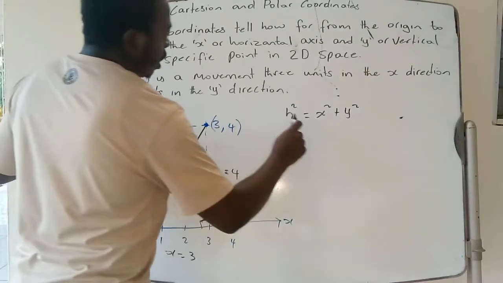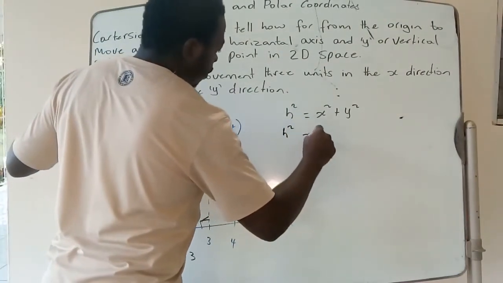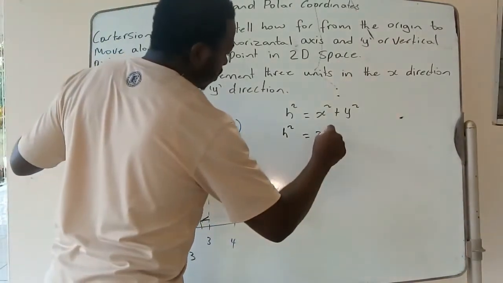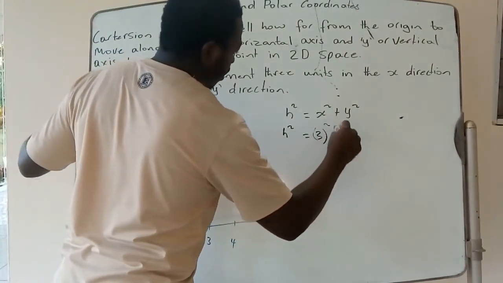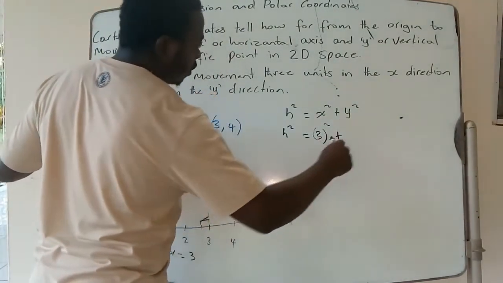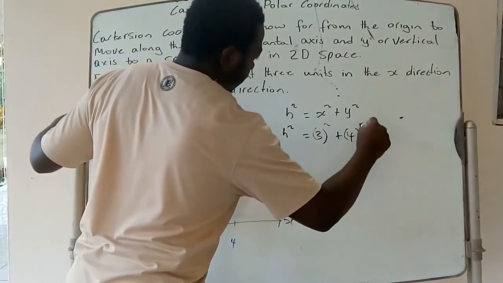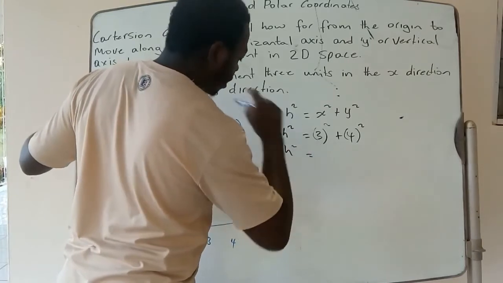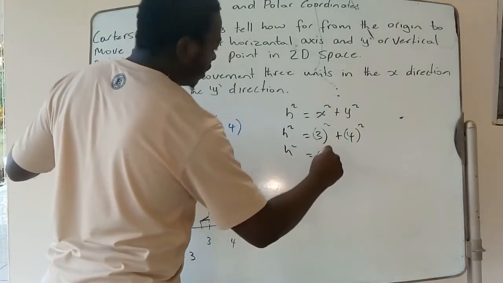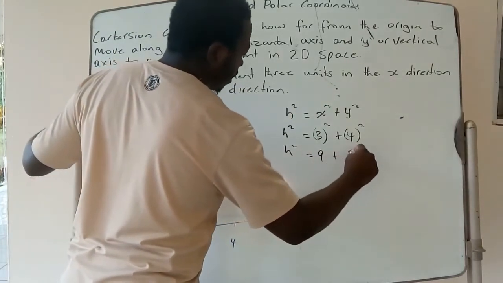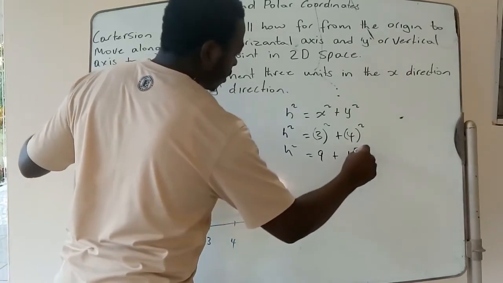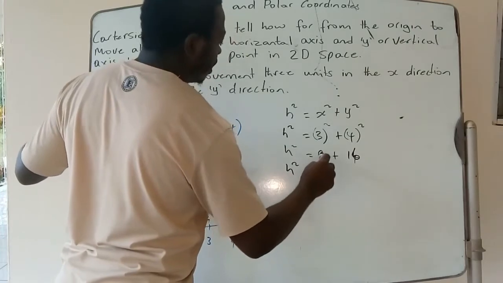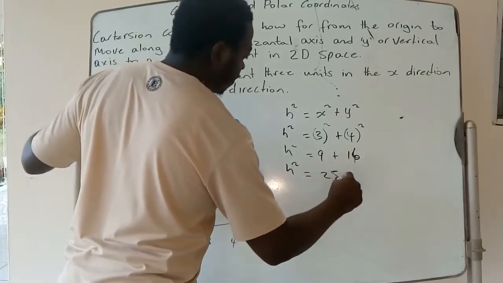Now h squared would equal x squared, but what is x? x is just 3 here, so this would be 3 squared plus y squared, which is just 4. So h squared would equal 3 squared, that is 9, plus 4 squared, that's 16. So h squared is equal to 9 plus 16, that's 25.